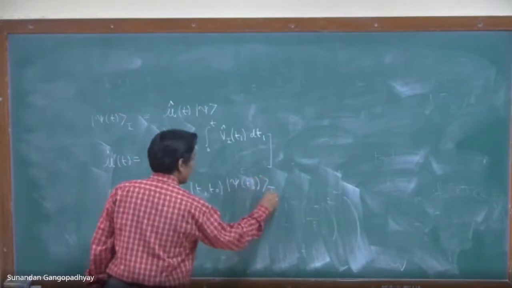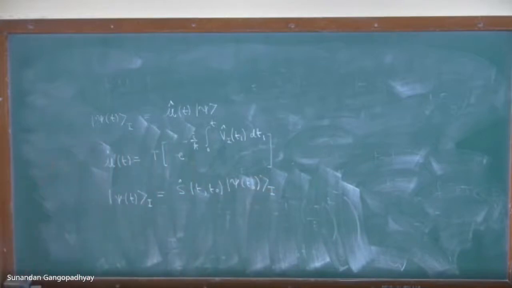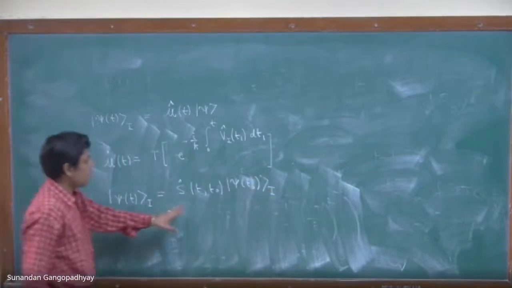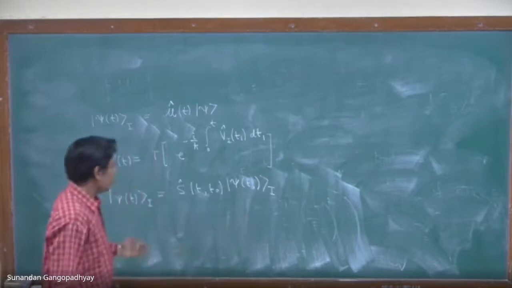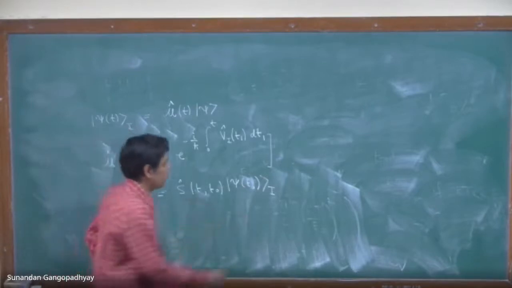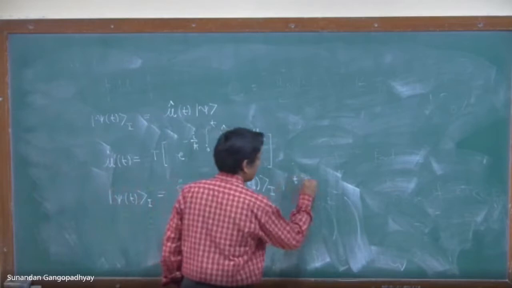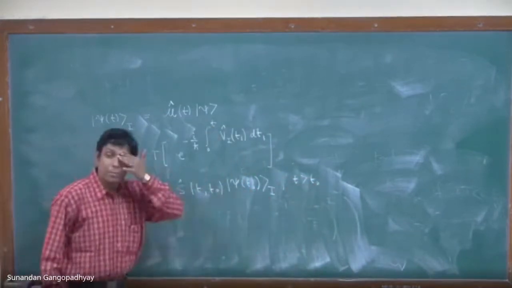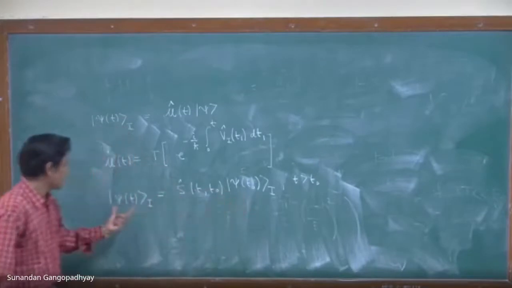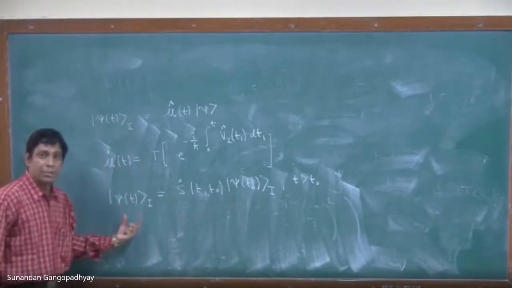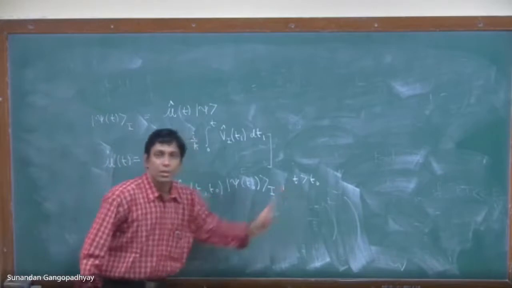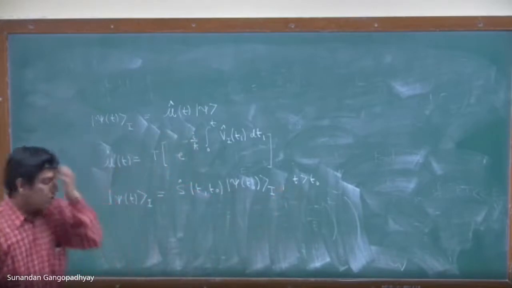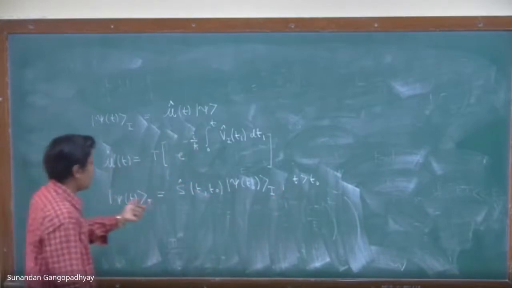Now I introduce another operator, which is S hat t comma t naught, and we should remember that t is greater than t naught. This actually relates a state in the interaction picture at time t naught to a state in the interaction picture at a later time t. That is why I put the condition t greater than t naught.